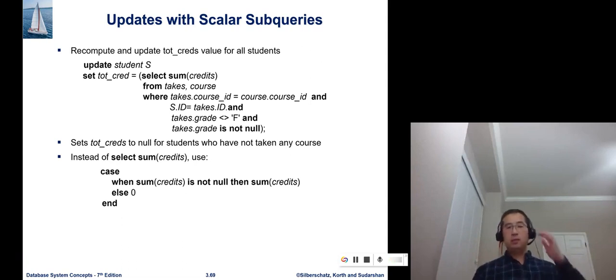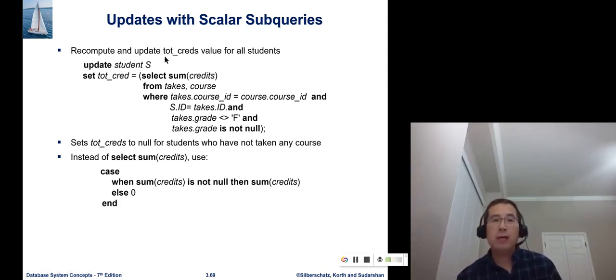As long as the grade is not a fail, there is a credit of 4, 3, 2, 1, for example. So we just update. That means we want to recalculate the total credit, a database-consistent update. So how do we do this?